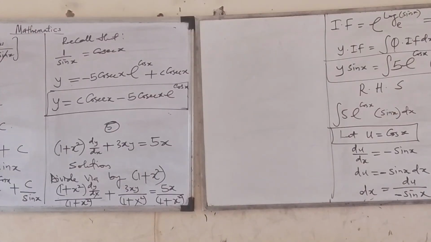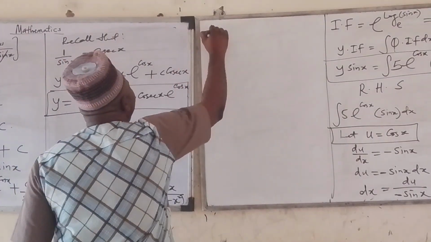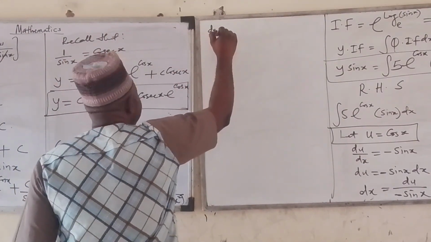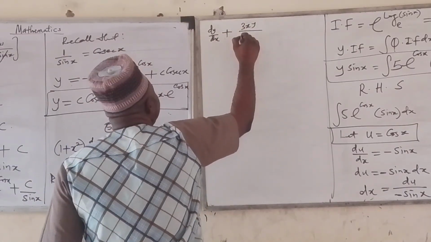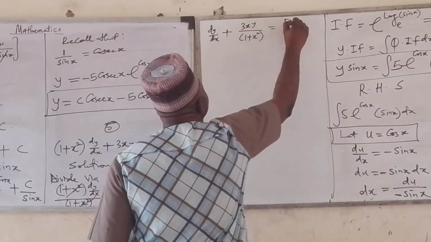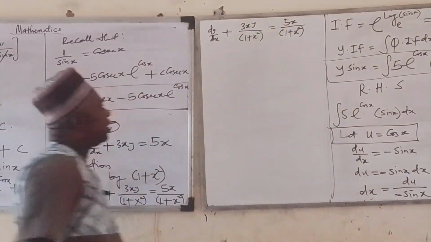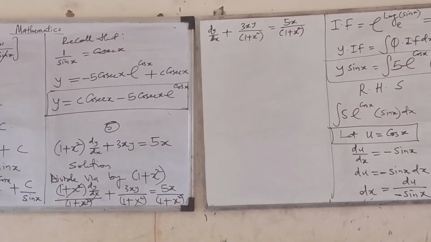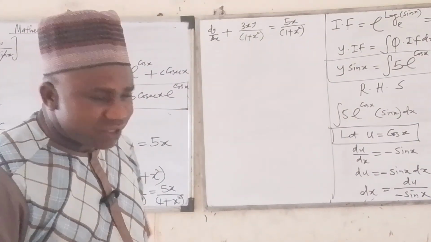So it therefore means that this will go with this, so you'll be left with dy all over dx plus 3xy all over 1 plus x squared is equal to 5x all over 1 plus x squared.